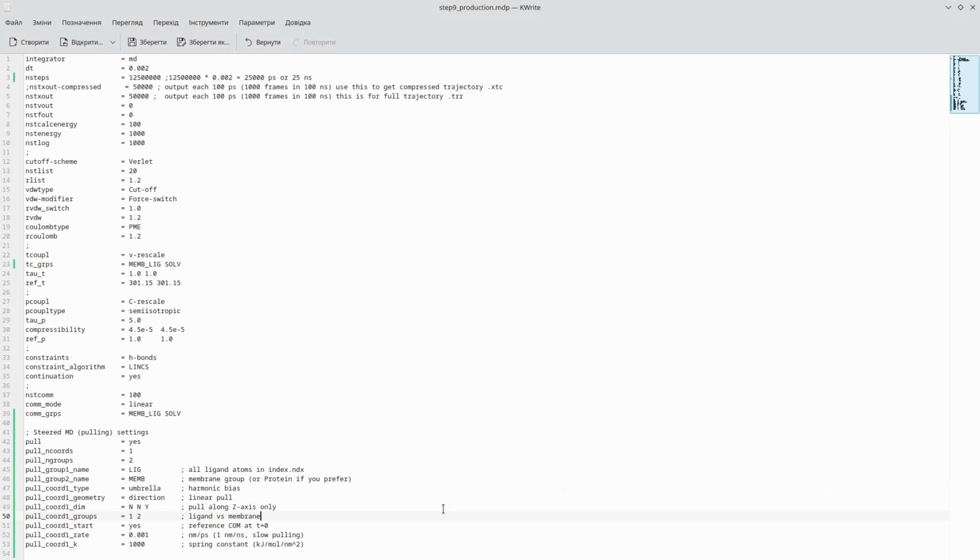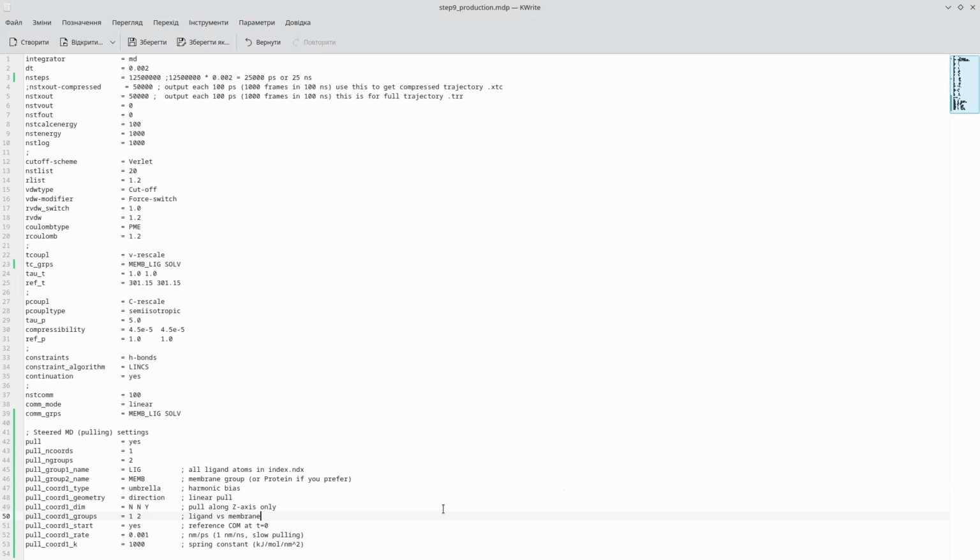And last but not least, if the distance between your molecule of interest and the reference group exceeds half the length of the simulation box, the simulation will crash. In this case, you still get your trajectory with your molecule passing through the membrane, but it will only pass once.